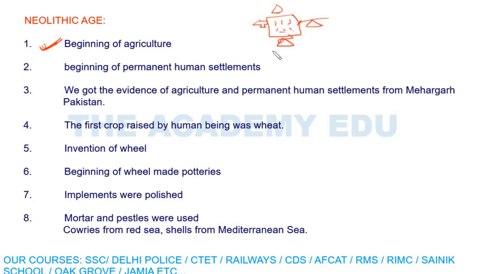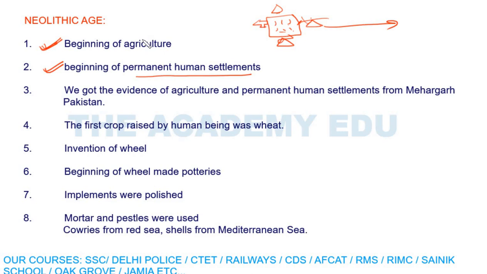So this was the beginning of permanent settlement. They were initially nomadic, means they hunted there, gathered food here, moved to a new place. But due to agriculture, they started to live in a particular area, and that was the start of permanent settlement for human beings. So this is also very important.